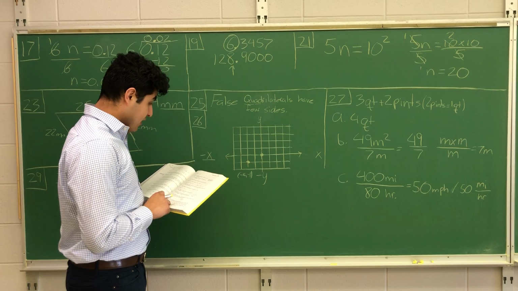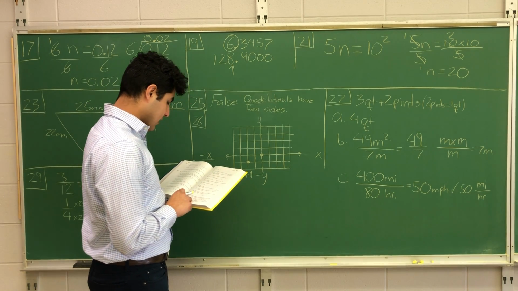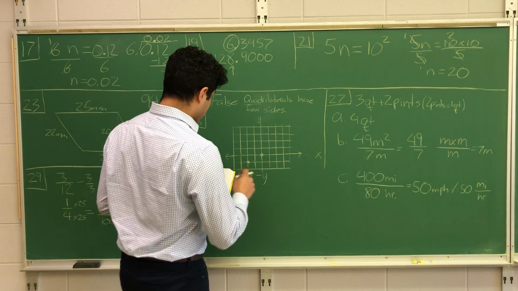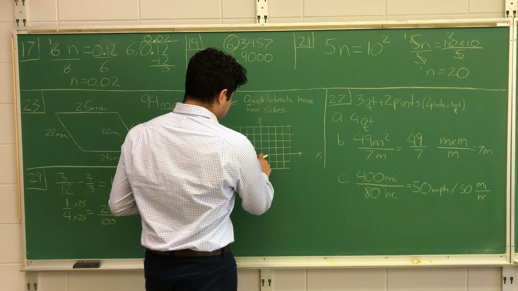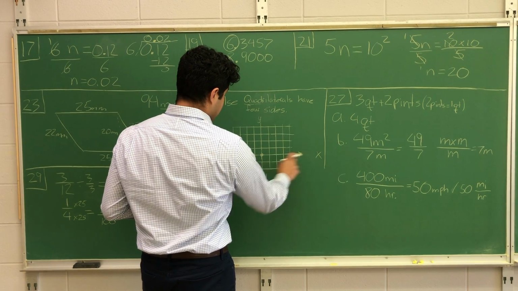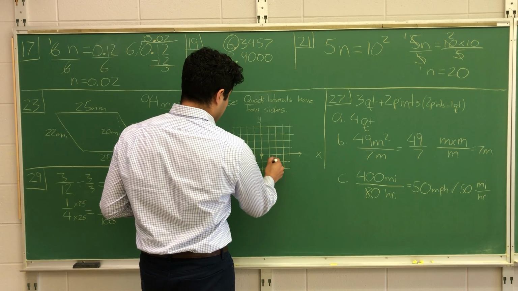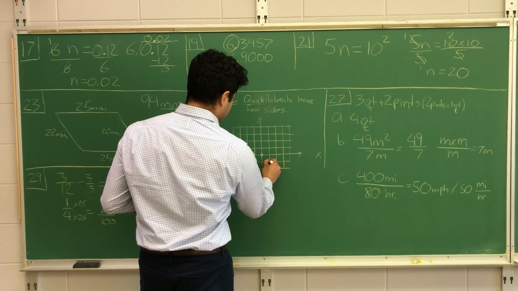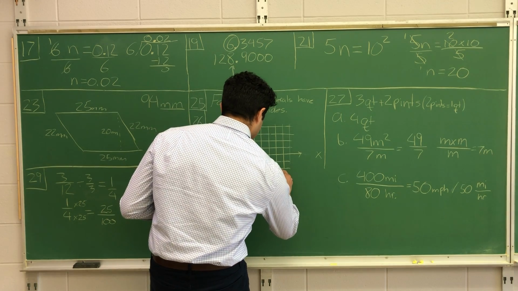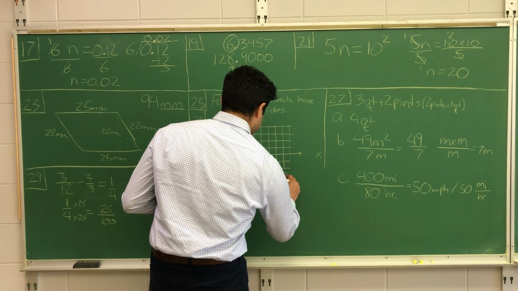Then my next point is gonna be 1, -1. So I'm gonna go +1, so going towards the +1, and then -1 on the y-axis. So I plot my next point right there. So this is 1, -1. All right.